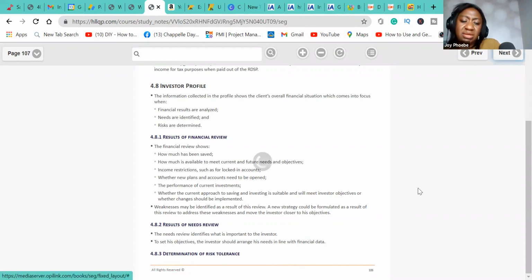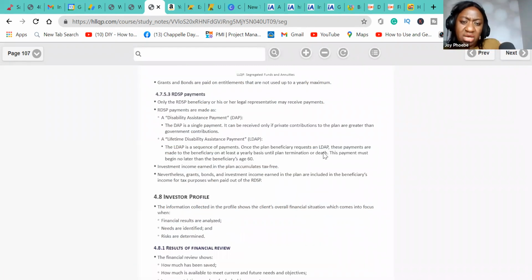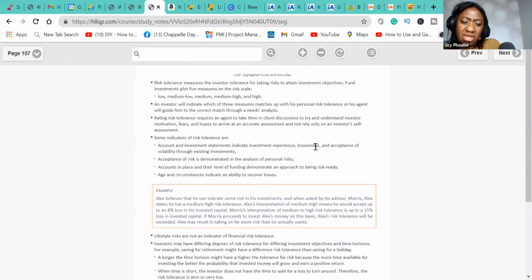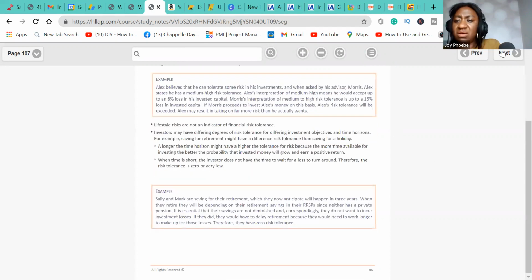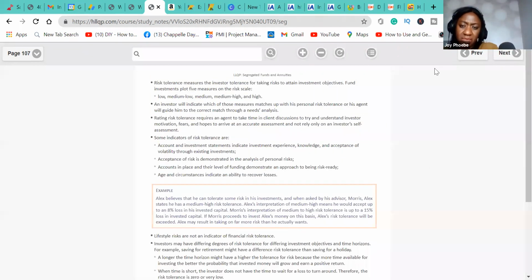We also are able to determine the risk tolerance of our investor, right? Like I said before, we're able to tell if they are a conservative investor or balanced investor, or if they are an aggressive investor.